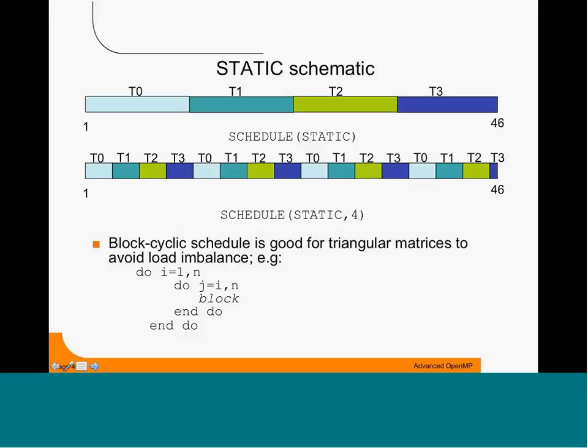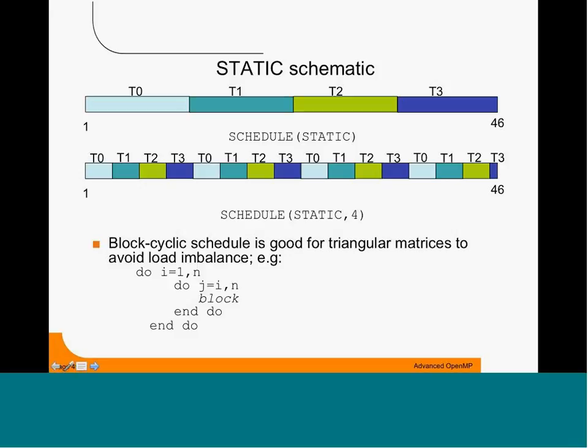Now with chunk size, let's say schedule static 4. That means you divide 40 by 4, in a cyclic fashion. So first thread is going to finish 1 to 4. Second thread is going to finish 5 to 8.